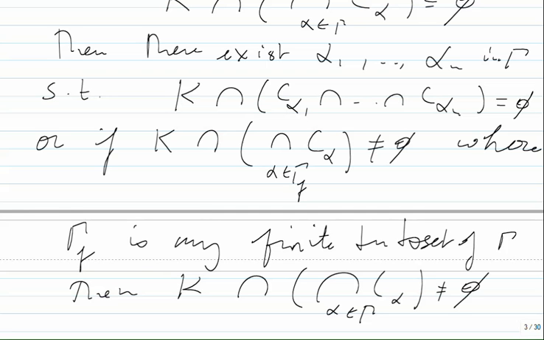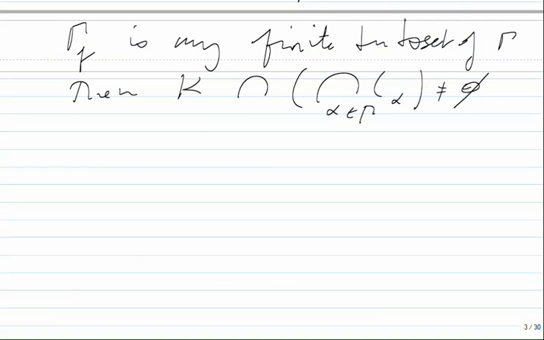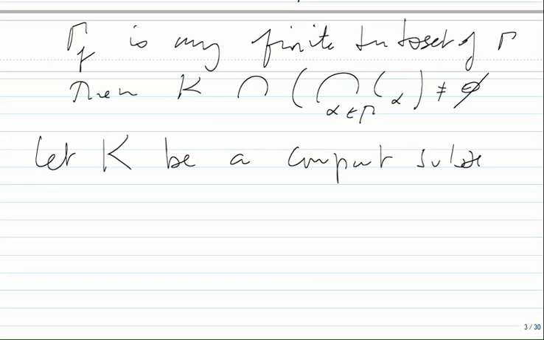So let us start next. Let K be a compact subset of M. Now we are going to study compact subsets of a metric space, to see what kind of deep properties they have.